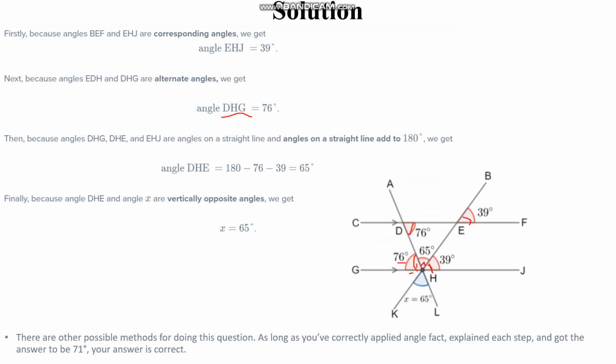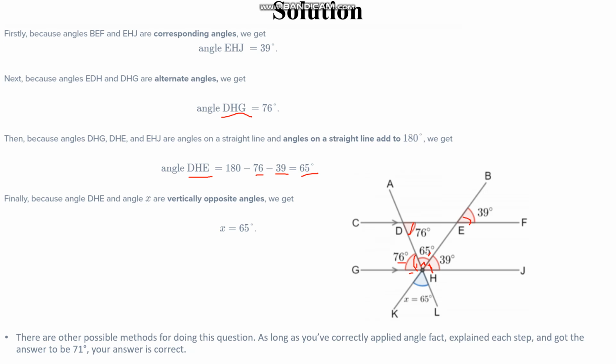So we can then calculate the angle in the middle: DHE is equal to 180 degrees minus the two known angles, which are 76 degrees and 39 degrees. So we get 65 degrees to be the angle in the middle, which is shown here on the diagram.